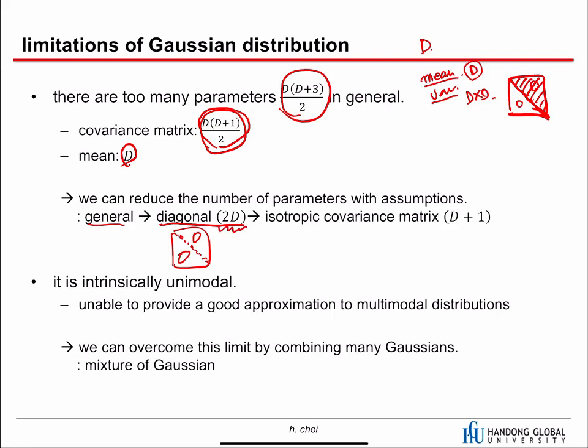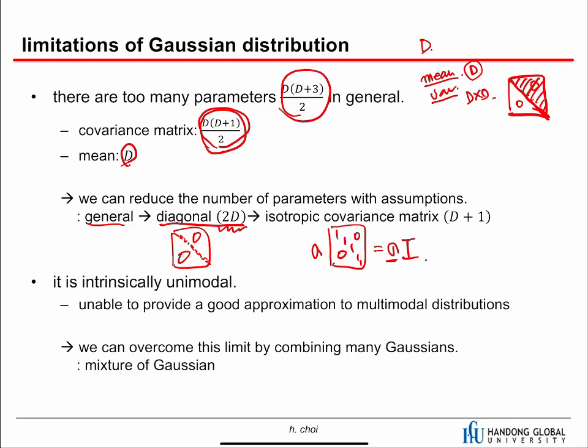So instead of having different variances on this diagonal, we can have the same value like this. So this matrix is actually an identity matrix, but with a different scale, sigma.